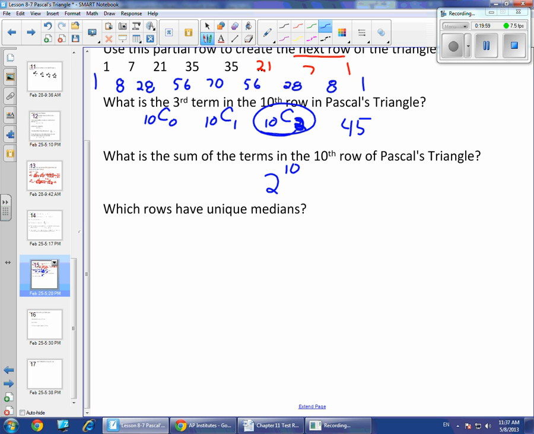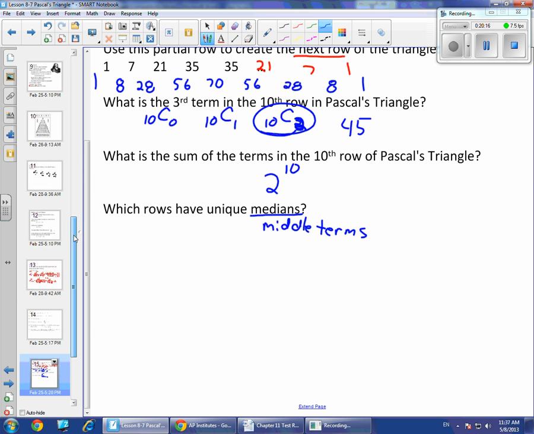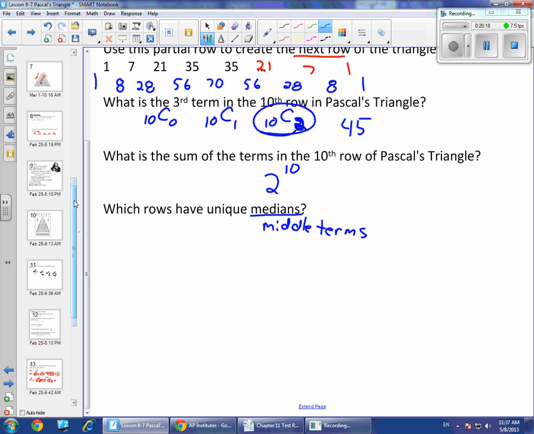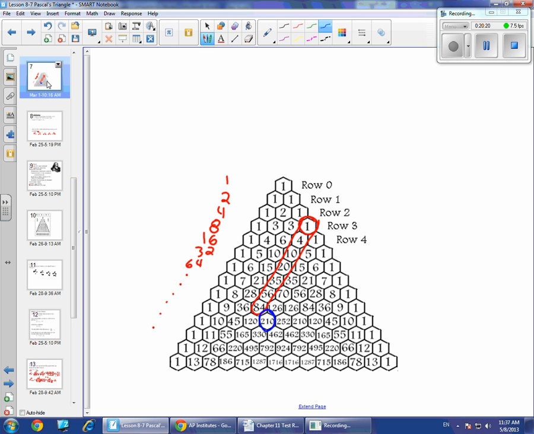And then lastly, which rows have unique medians or middle terms? If you think about it, it would be all of the rows that have an odd number of elements in them. If you flip back to my Pascal's triangle, row 0 has a middle term.